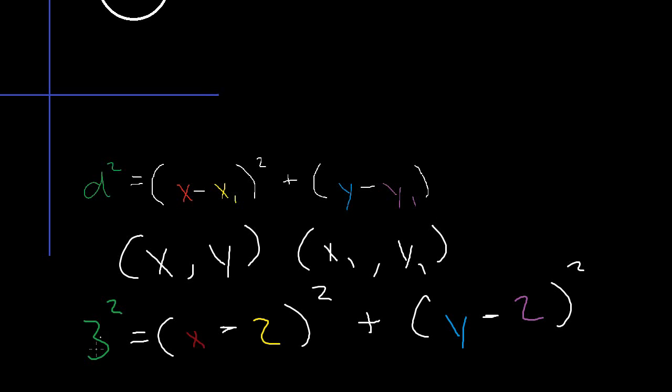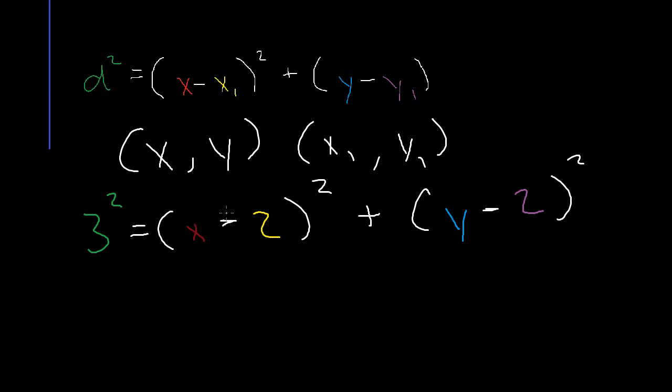So now we know the distance between 2 points, and we know one of the points. And we're trying to find all of the x's that are 3 away from this point. And that point is 2, comma 2.